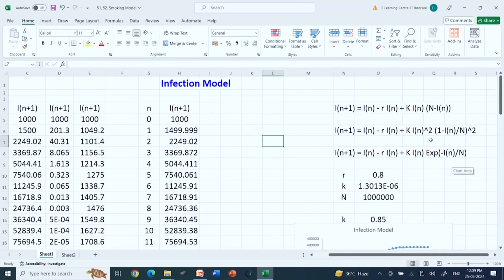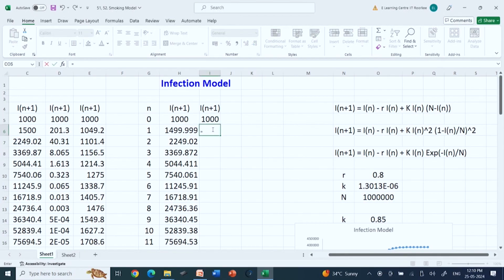Here it says that new population will vary directly to the product of I n and n minus I n. The second one says that it will vary as I n square multiplied by 1 minus I n divided by n whole square. So, I take this to be 1000. Under this new law, let us calculate these values.